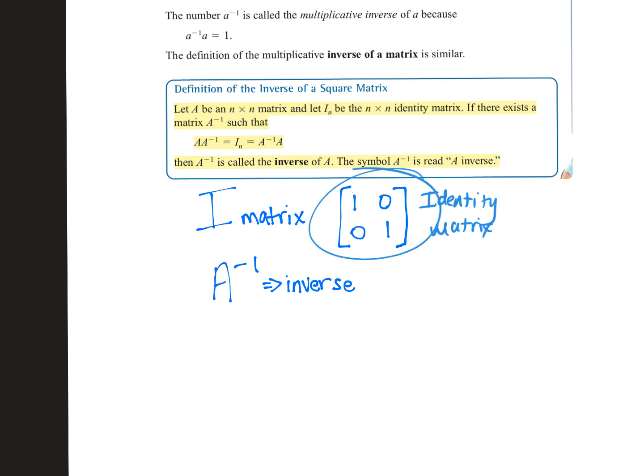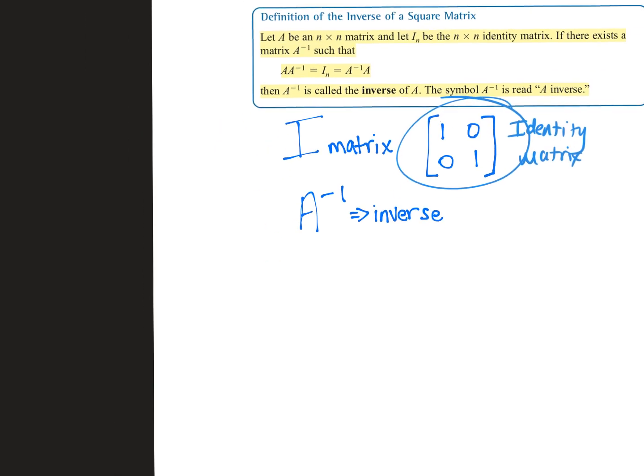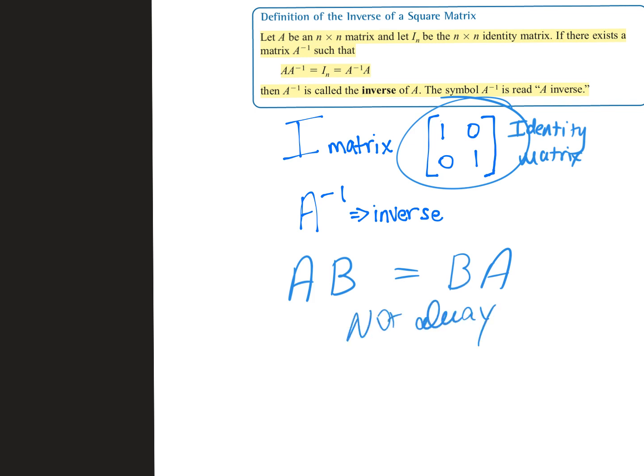But the thing that's very special about multiplication, we talked about this yesterday. If I multiply A times B, is it always the same as B times A? No. It's not always the same with matrices.